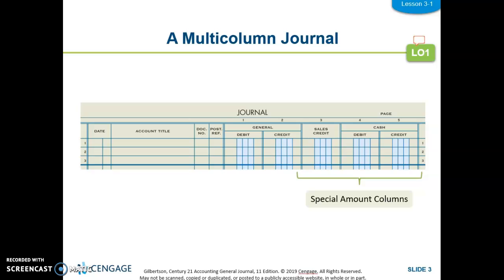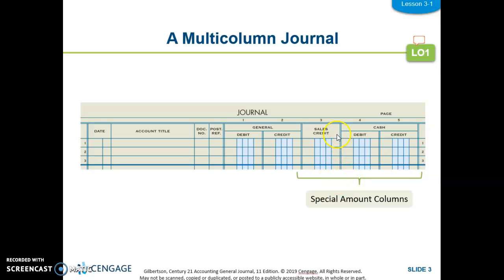The journal we will use is called a multi-column journal. The multi-column journal has special columns for transactions that occur frequently. It also has general columns for other transactions as well. Another business might have other kinds of transactions that occur frequently, which could get their own special amount columns.